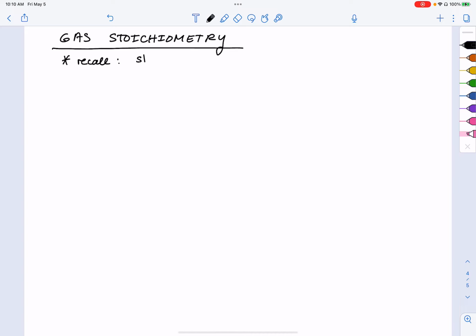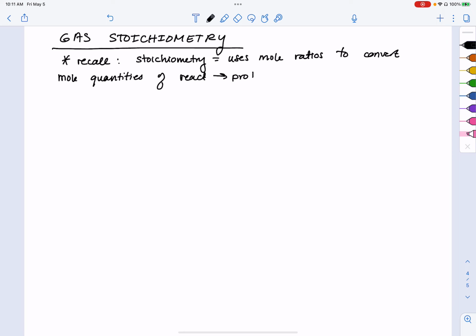So recall, stoichiometry uses mole ratios and mole quantities. Specifically, it uses mole ratios to convert mole quantities of reactant into product or vice versa.